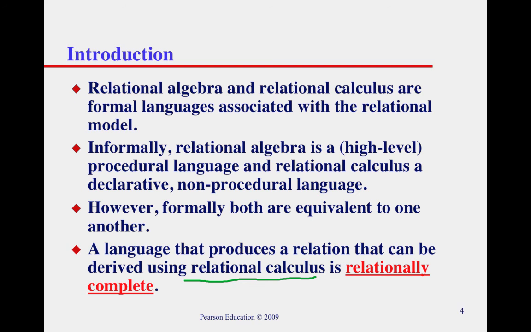Why is that important? Because if you're creating a relational database system from scratch, admittedly not something you're likely to do today since Oracle and Microsoft dominate the market, but should you decide to do so, or in the case of Microsoft and Oracle, as they do things, they make sure that the language they use is equivalent to the relational calculus.